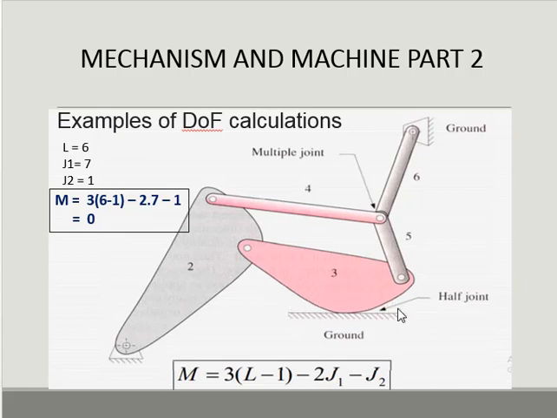This is a half joint, a high pair, only one half pair, so J2 is 1. And then you calculate with the Gruebler equation. M equals 3 multiply 6 minus 1, and then minus 2 multiply 7, and then minus 1. So the result for mobility is 0. This mechanism has 0 mobility, or cannot have motion.